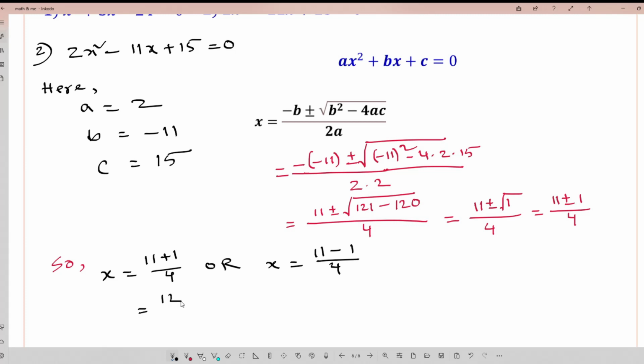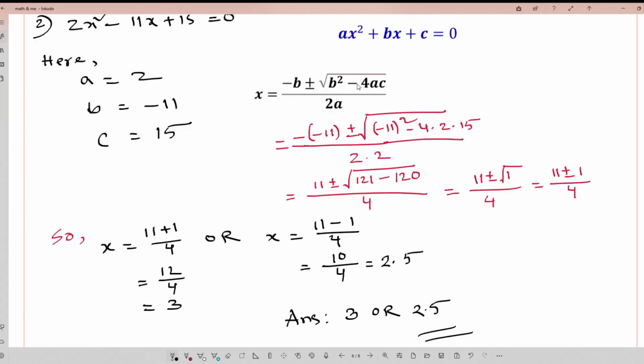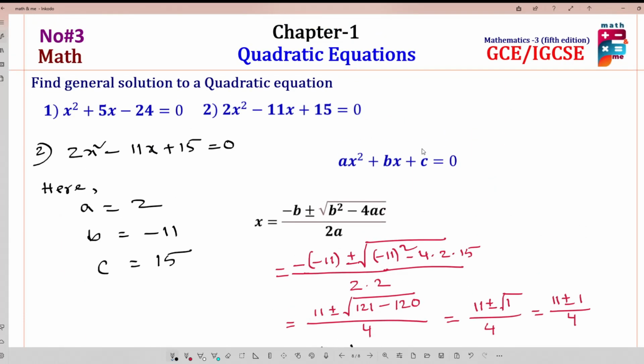So here is 12 divided by 4, it means 3, and here is 10 divided by 4, it means 2.5. So the answer is 3 or 2.5. Very easy way we solve our problem.